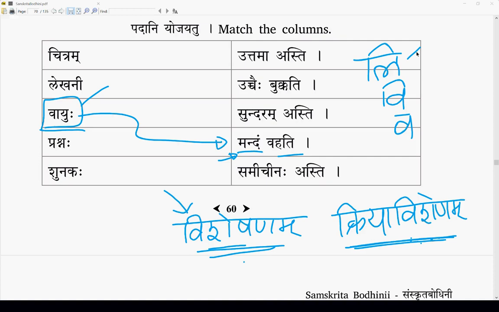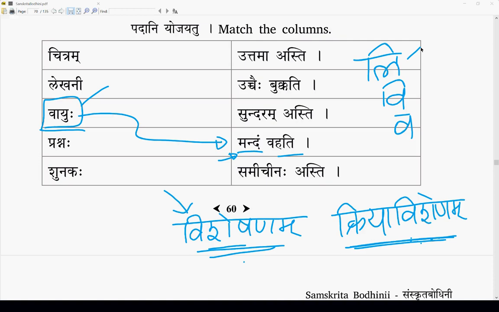First of all, is Mandam a Nama Padam or Kriya Padam? Mandam is an Avyayam, Mahodaya. Yeah, but is it a Nama Padam or Kriya Padam? I would think Kriya Padam.